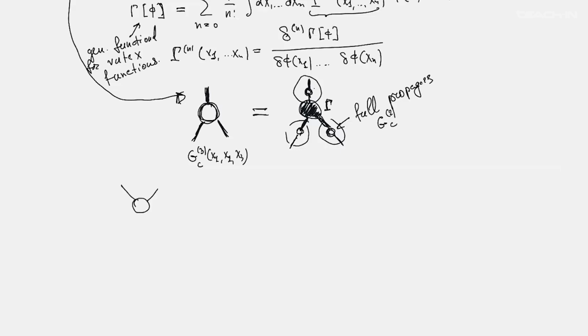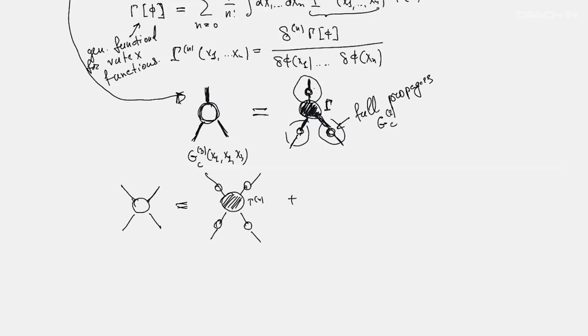You can obtain a relation of this Green's function with gammas. So with gamma 4, the relation will be like this. You will be attaching now to this gamma 4 four full propagators.